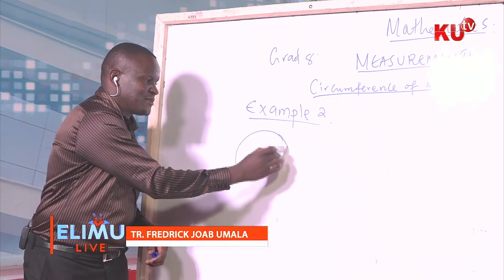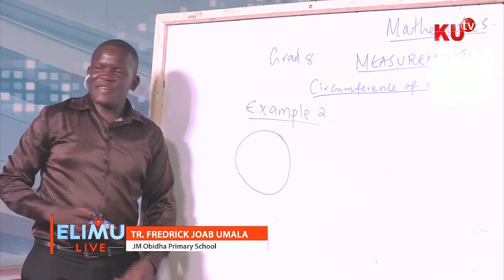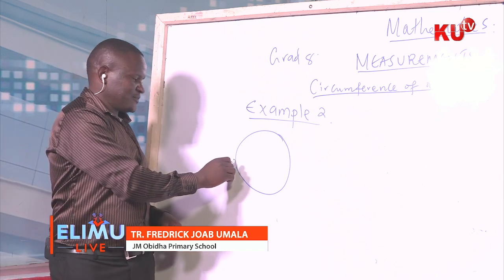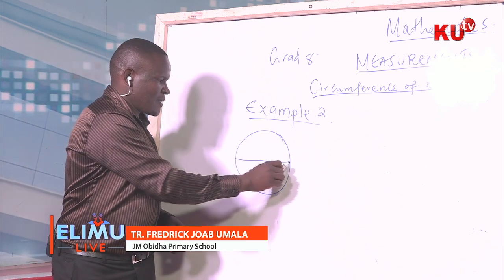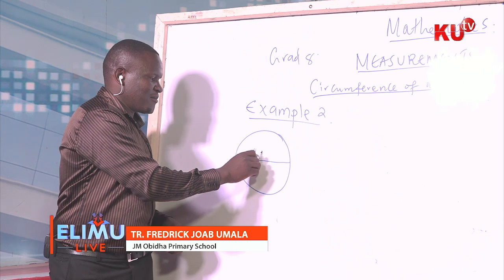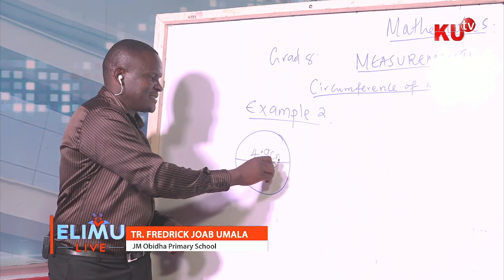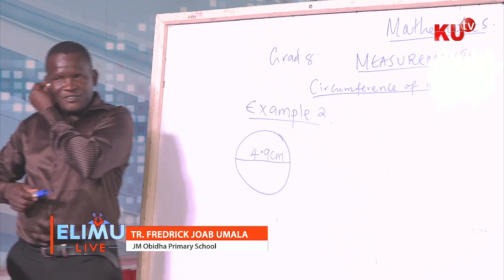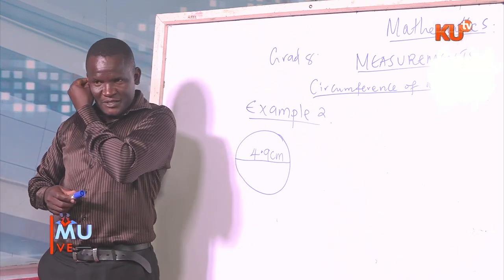So we have our circle. There we are. The diameter of the circle is now 4.9 centimeters. The diameter of the circle is 4.9 centimeters.